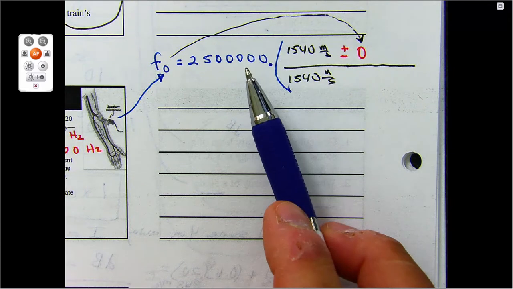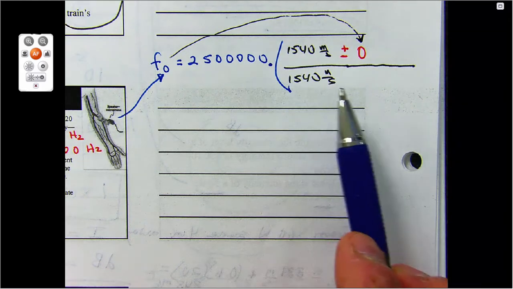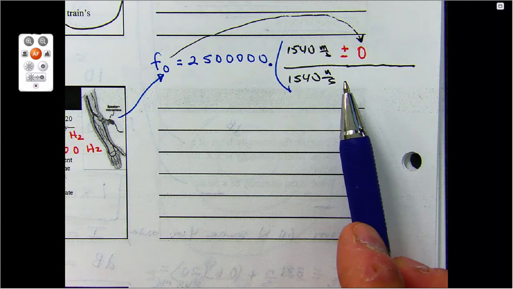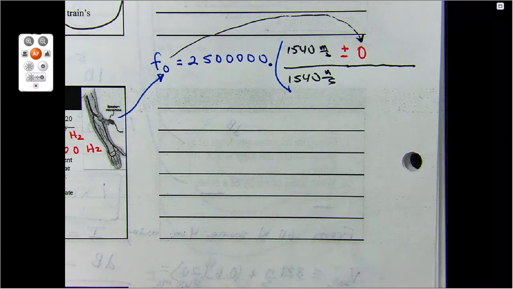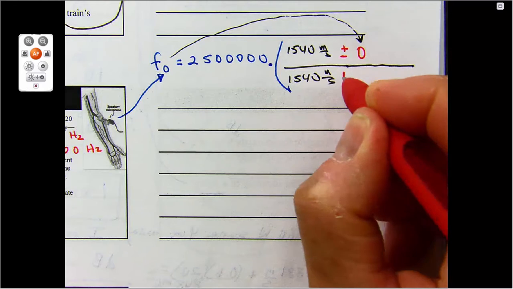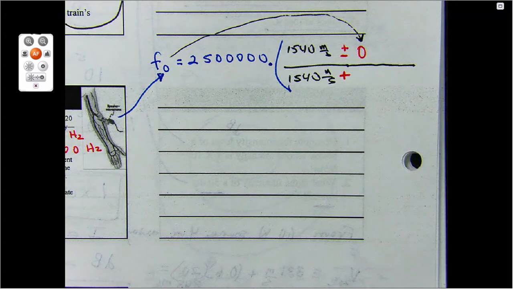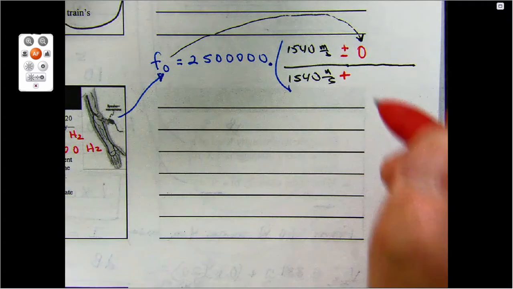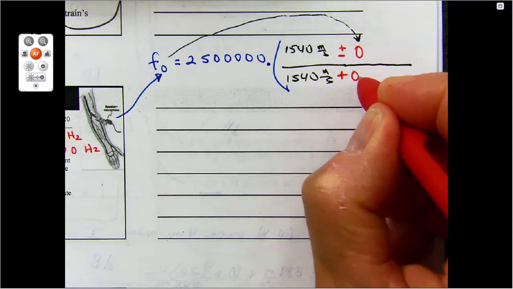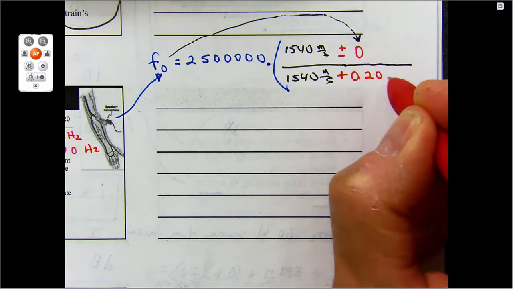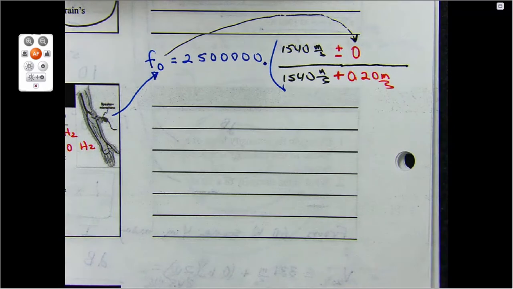This should go down. If this needs to go down, am I going to add or subtract? I need to add. So this is plus. How many meters per second is 20 centimeters per second? This is going to be 0.20 meters per second.